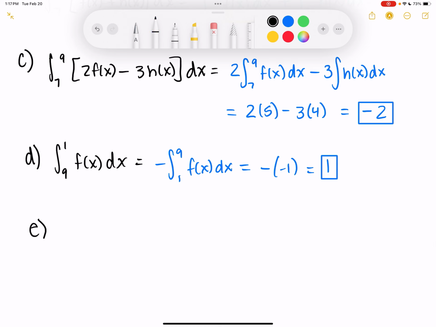E, the integral from 1 to 7 of f of x dx. This might require you to use something I gave you in a slightly different form.